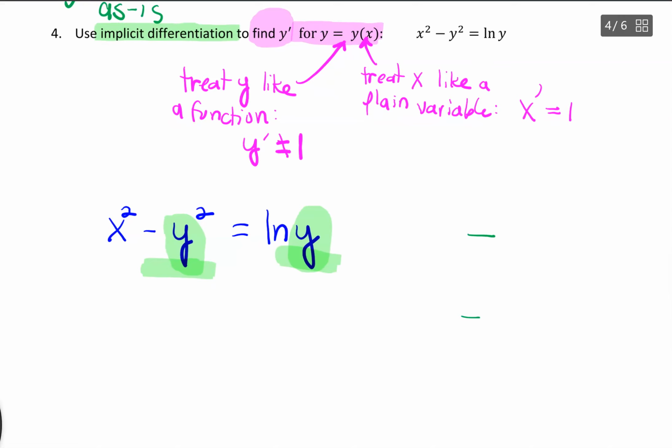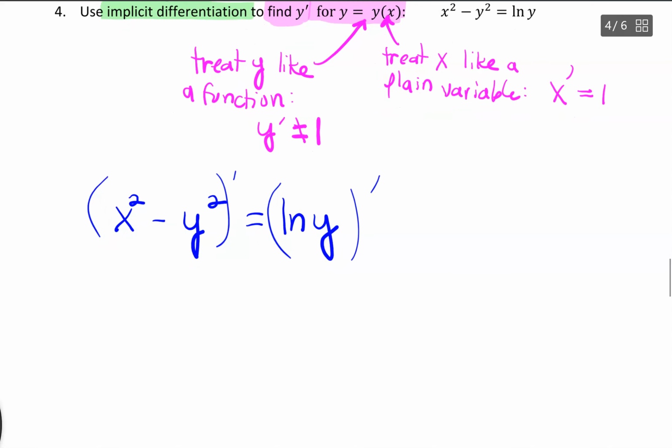So implicit. Here we go. So I'm going to take the derivative of the left side and the derivative of the right side. Here we go. Piece by piece. Let's go down the row here. Okay. X squared. That's power rule.